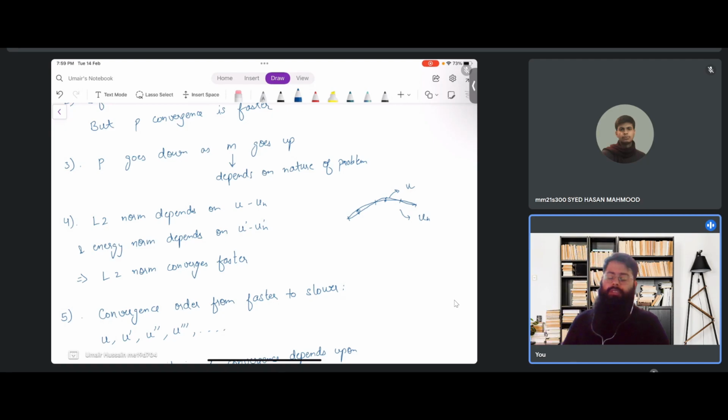L2 norm is just one way to represent that, and energy norm is another way. The way we define it affects how fast those errors converge. It's basically just the way it is defined. There's nothing more physical to it, as per what I know.